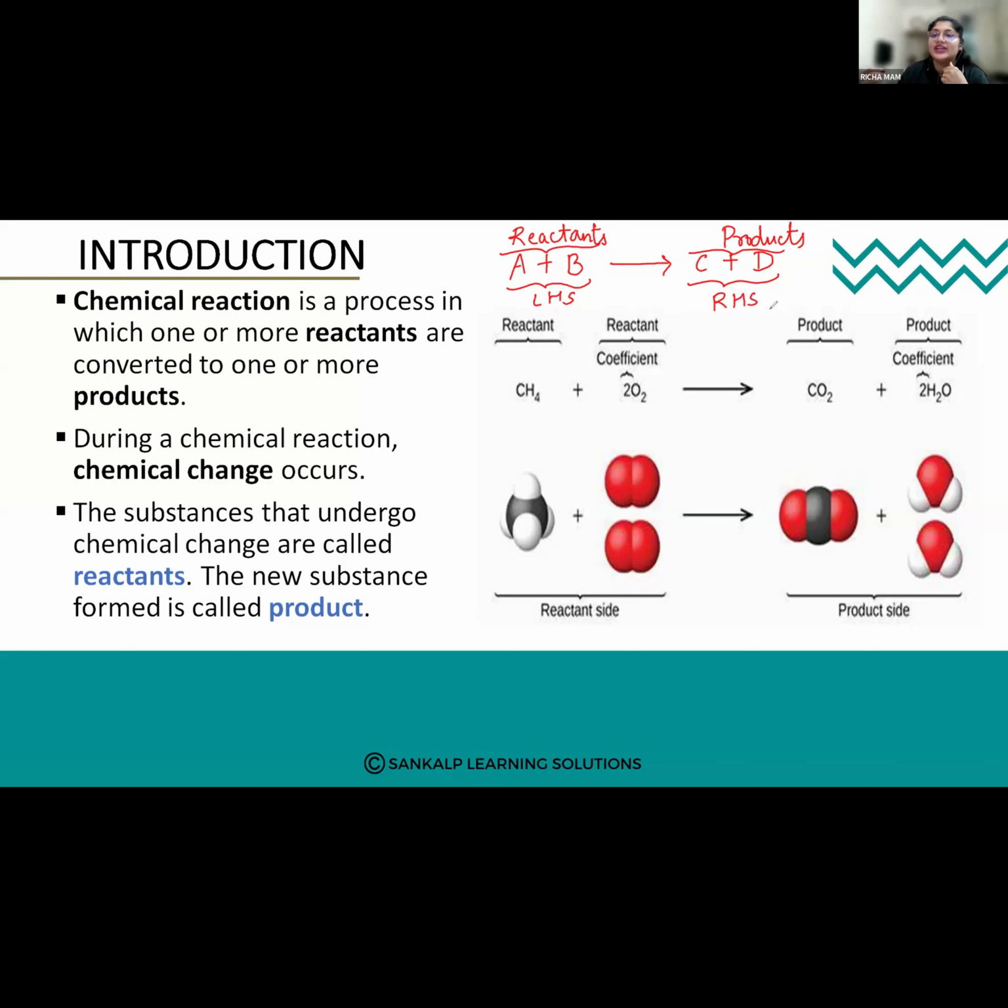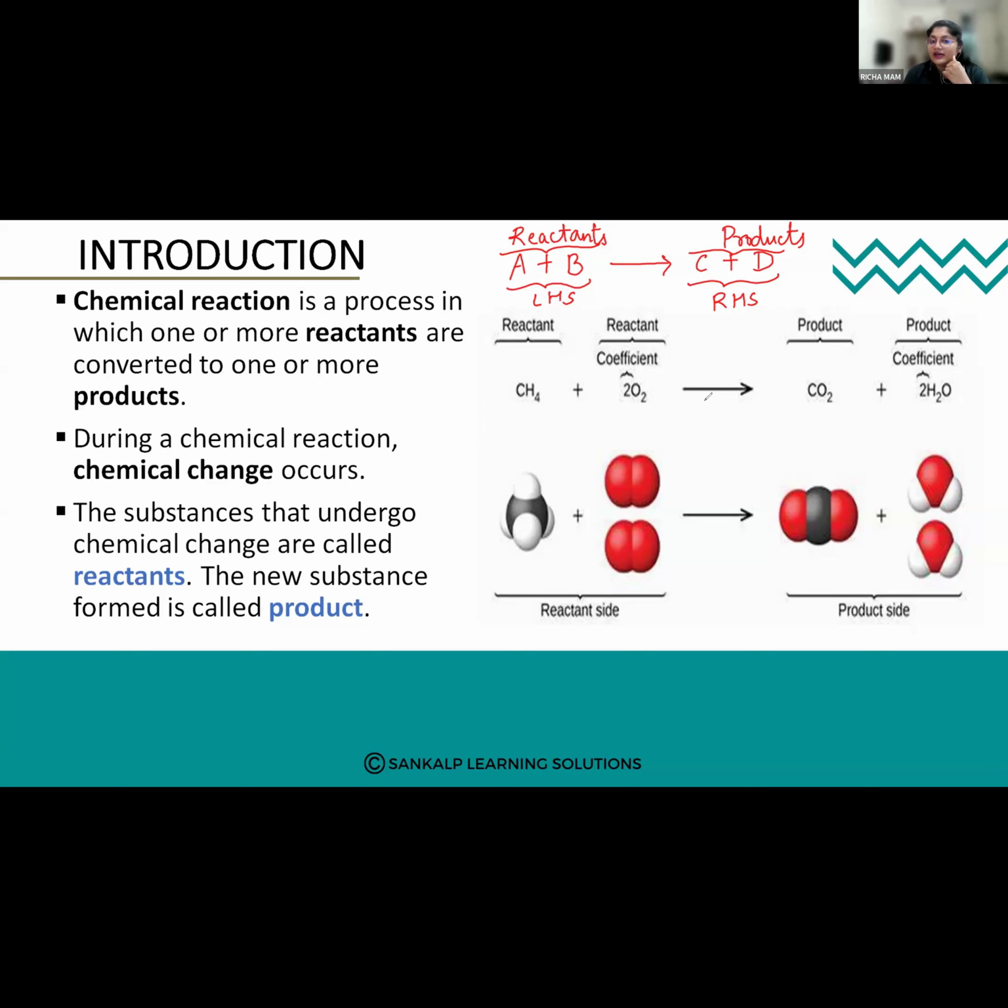You can see some change, maybe a change in state, maybe a change in temperature, an evolution of gas, or maybe precipitation formation. These are some of the chemical changes which tell you that a chemical reaction is taking place.